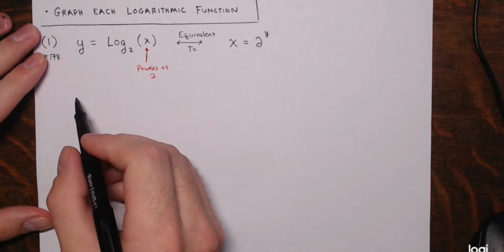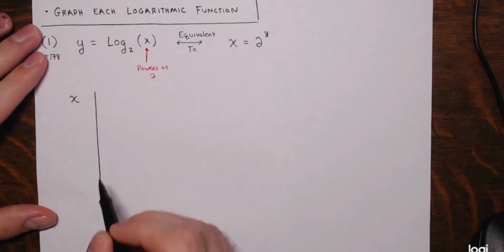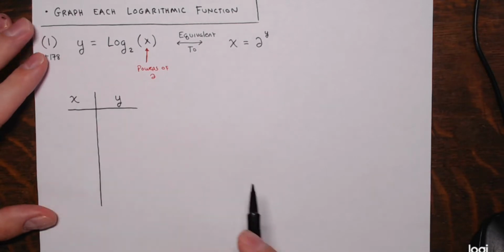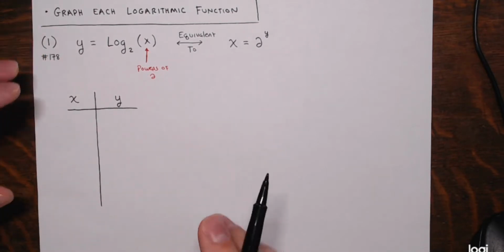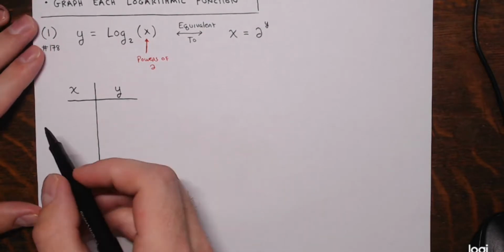Just like any other function, I'm going to make a table. This is an xy table, and we'll see what ordered pairs we're going to plot on the xy plane. And as I said, I'm going to put in powers of 2.